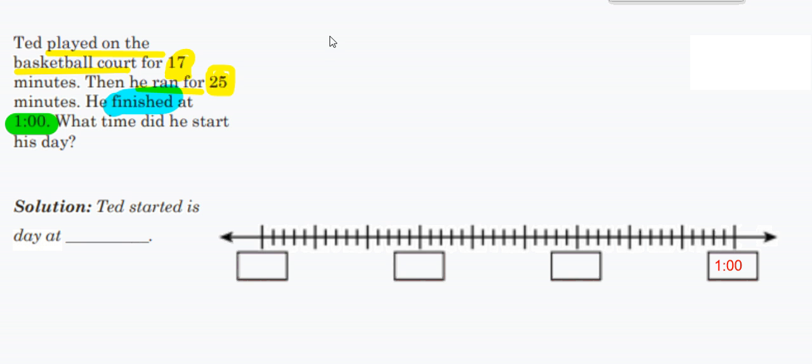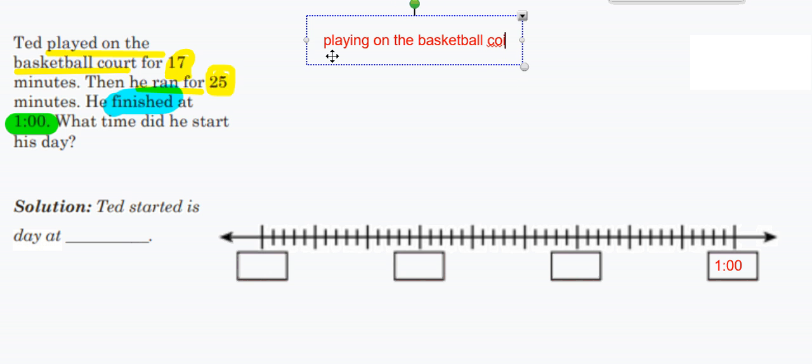What was he doing? He was playing on the basketball court, and what else? He was running.